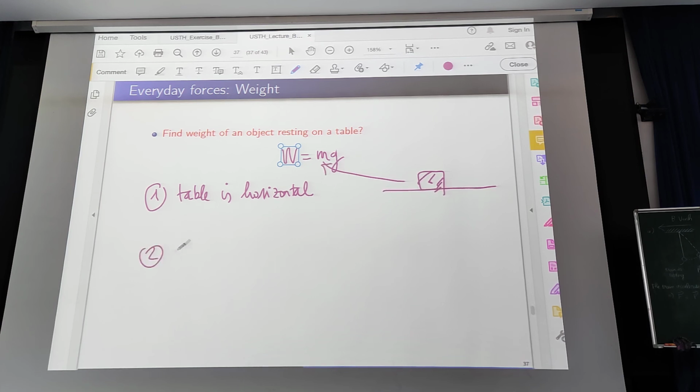Now, the second case, the table is inclined. The table is like this. This is horizontal, the table. It is inclined to the horizontal at some angle called theta. What happens? Okay? So in this case, the object is here.